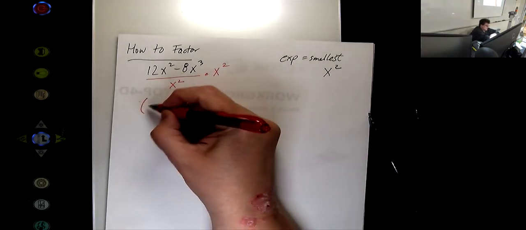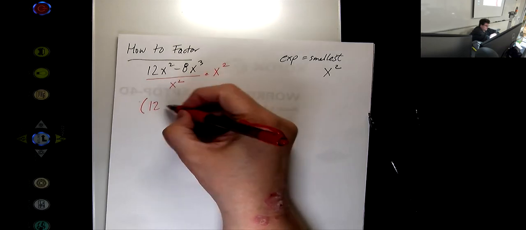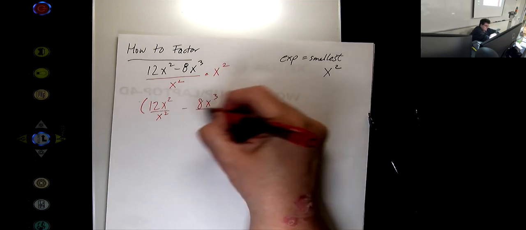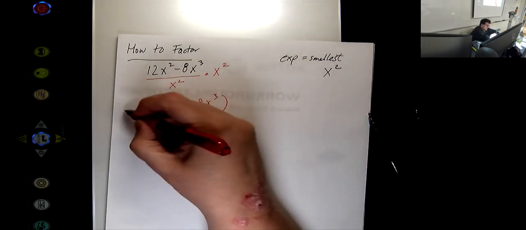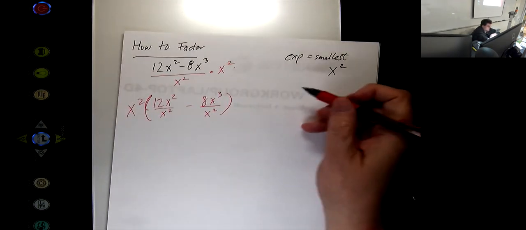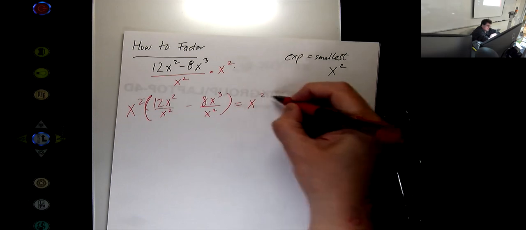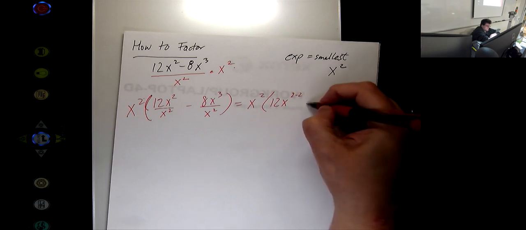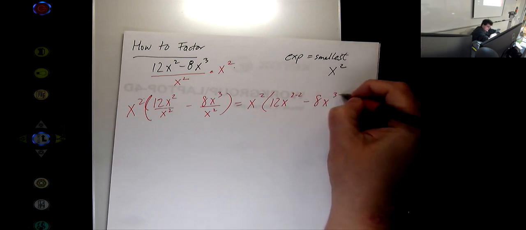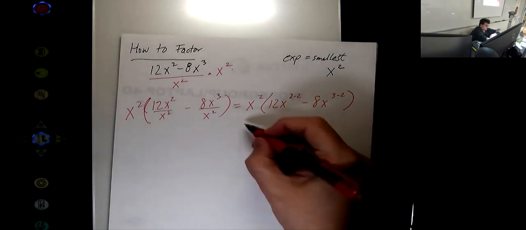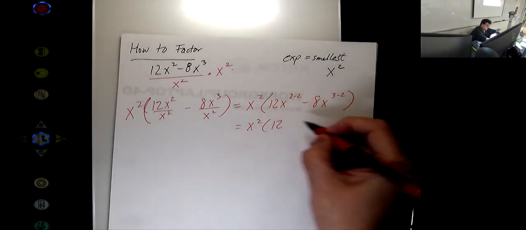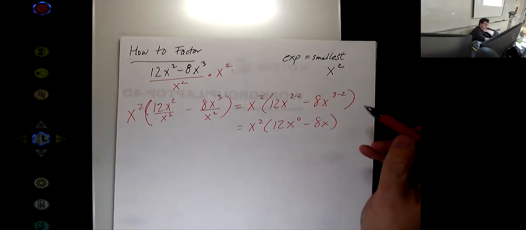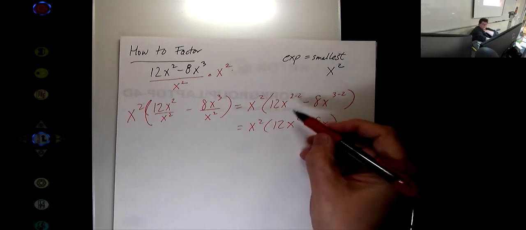This is 12x squared over x squared. I'm breaking this up, which is something we would probably do a little bit faster. I'm going to put the x squared in front instead of in the back. And I can do the subtraction, 2 minus 2. And x to the 0 is just 1.